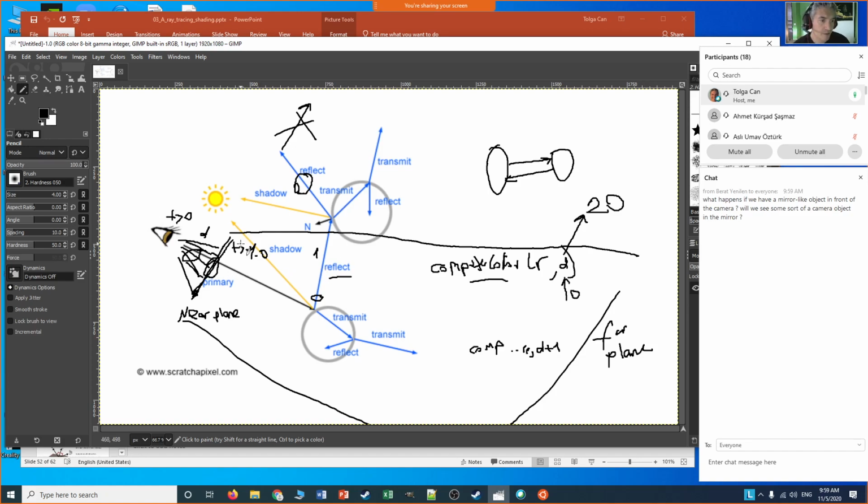So there's a question: if we have a mirror-like object in front of the camera, will we see some sort of a camera object in the mirror? Oh, no. The camera itself is really virtual. There are no physical geometric objects for the image plane, the camera itself, or the eye point. They are abstract things that do not have existence in our virtual world.